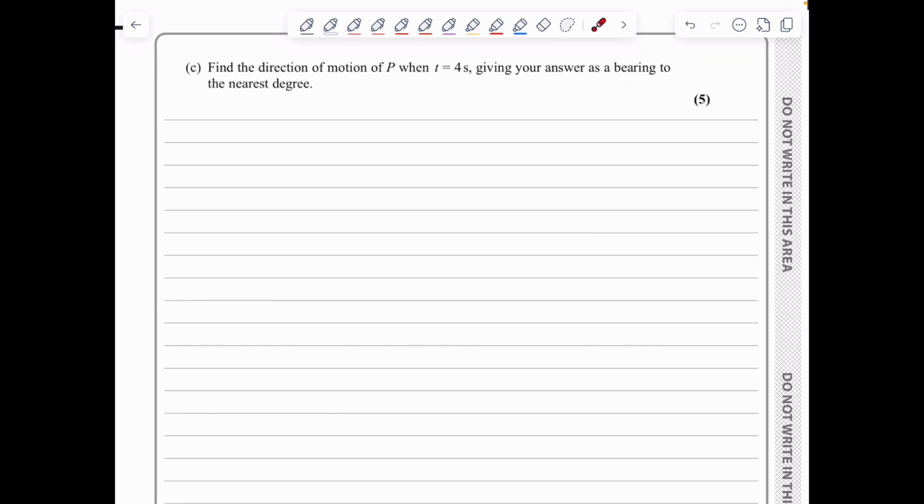And in part C, we need to find the direction of motion of P when t is 4, giving our answer as a bearing to the nearest degree. Now the direction of motion is stemming out of the velocity, so the first thing to do is go back to the quadratic in lambda, solve it, get the value of lambda. So this quadratic factorizes into (25λ + 8)(λ − 2) = 0.